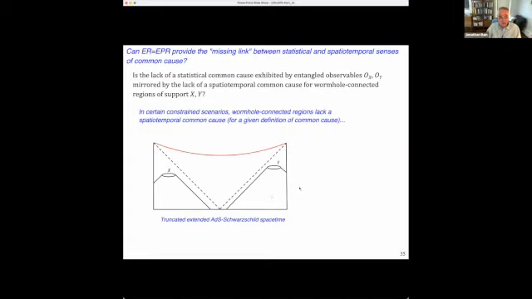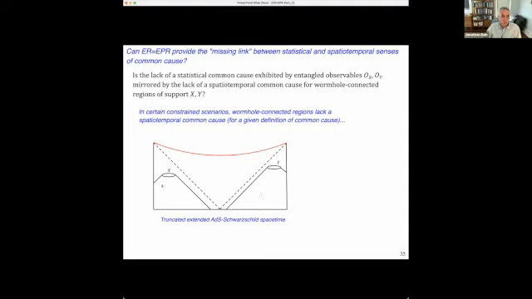Sorry. So here's one contrived example. Here's truncated extended AdS Schwarzschild spacetime and two regions X, Y, right? It's truncated along the t=0 spatial slice. And two regions X and Y in the two exterior regions, and they're localized in the exterior regions in such a way that they do not have a common past, at least under the first definition of common past. Right? There's no intersection of their causal paths.